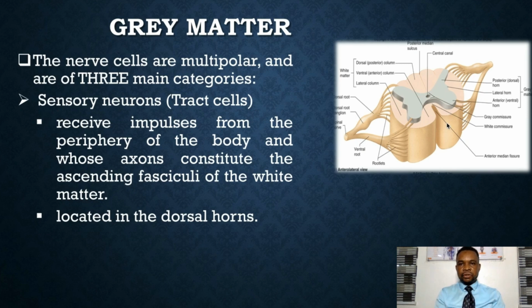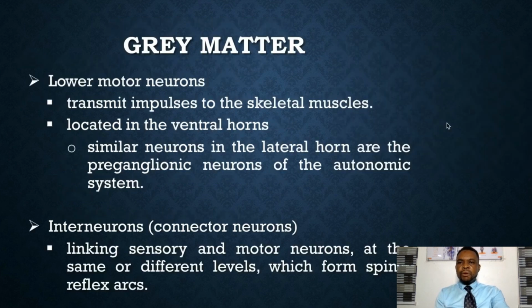Now, these neurons are found within the gray matter. The first one is the sensory neurons, where sensory information is passed from the organs to the brain. Then we have the lower motor neurons that transmit impulses from the brain or from the spinal cord to the skeletal muscles.